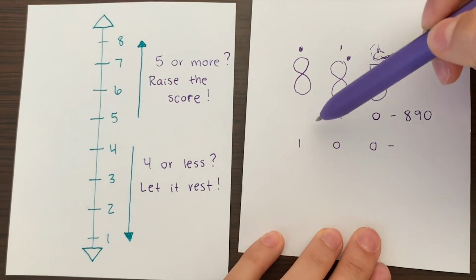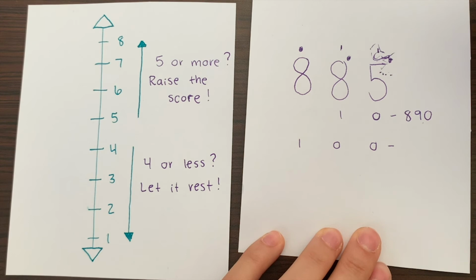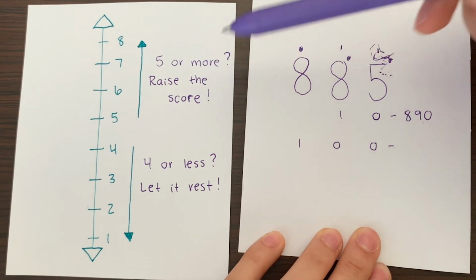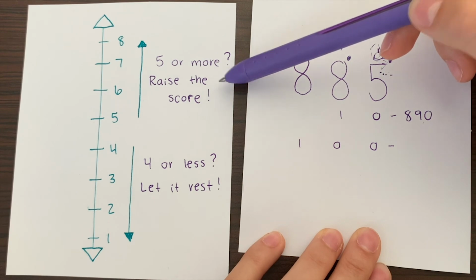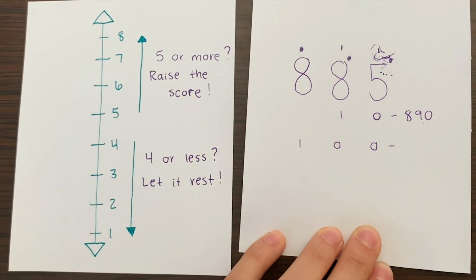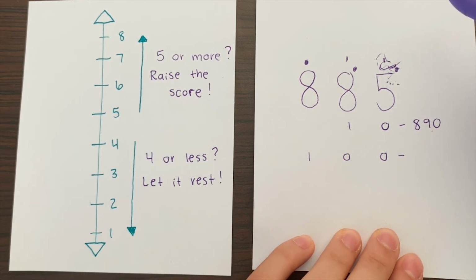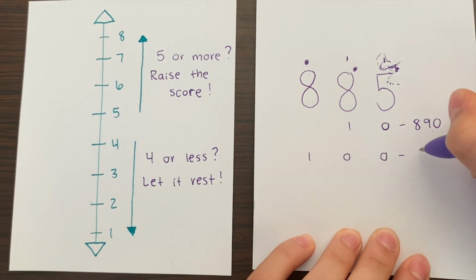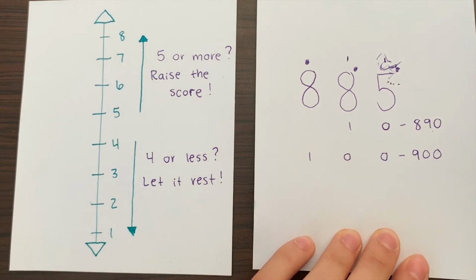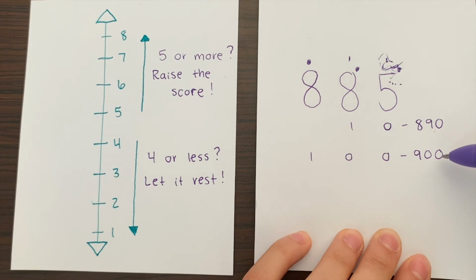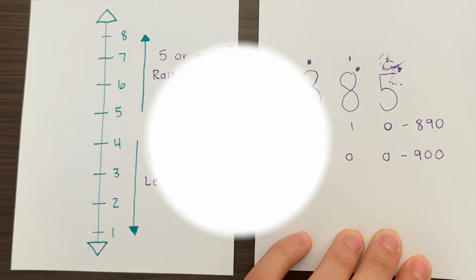So when rounding to the 100th place, we see that 8 lands on 5 or more, which means that we are going to raise the score. So this would round to 900 because that is the next number, right? What comes after 8? 9, which means that we would round this up to 900.